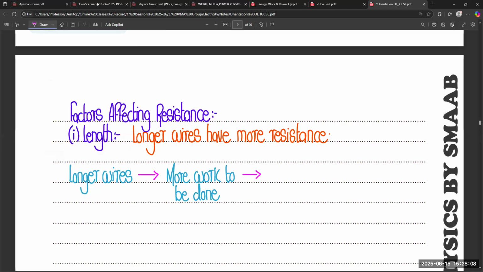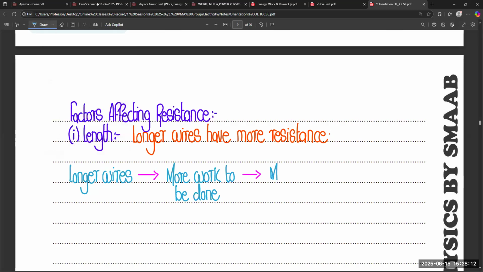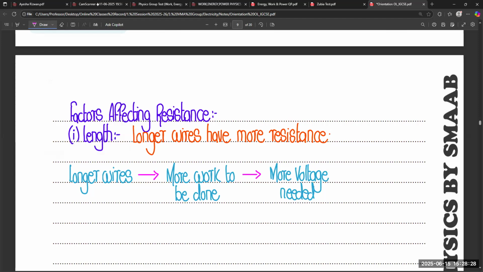Then we have more voltage needed. And according to the formula, you observe that R is directly proportional to the voltage and inversely proportional to the electric current.